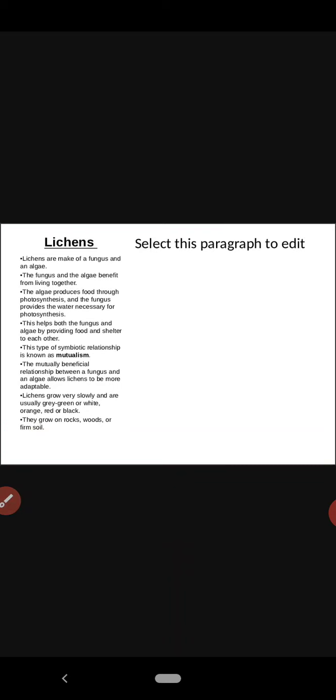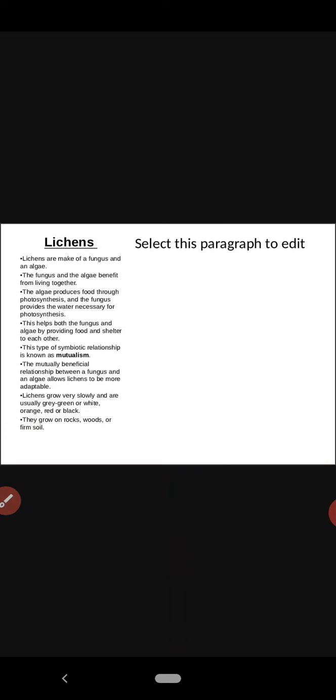The fungus provides water to the algae, and the algae, which contain chlorophyll, carry out photosynthesis to produce food.